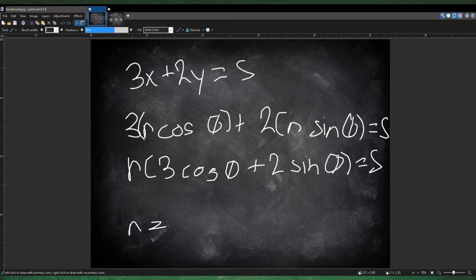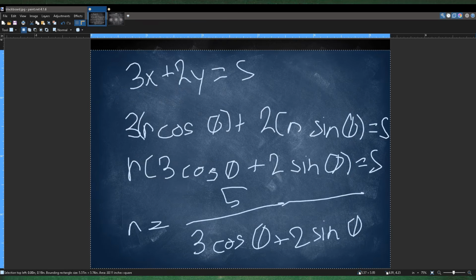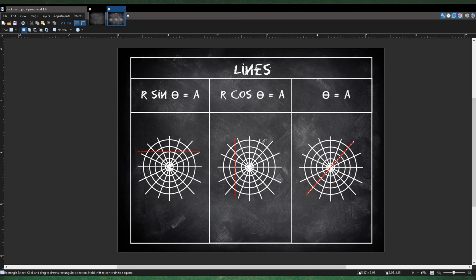And you get r is equal to 5 over 3 cosine theta plus 2 sine theta. And that will be our linear line. See, that's why it looks so weird, and you probably don't want to focus on this, but that's basically what you do. You use x and y as r cosine of theta and r sine of theta to make those equations. So that's for lines.